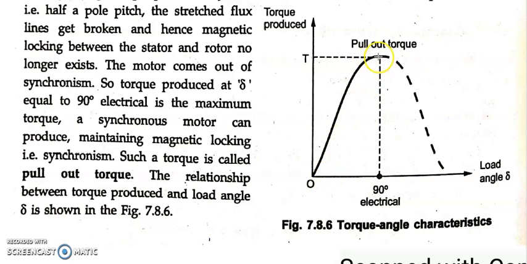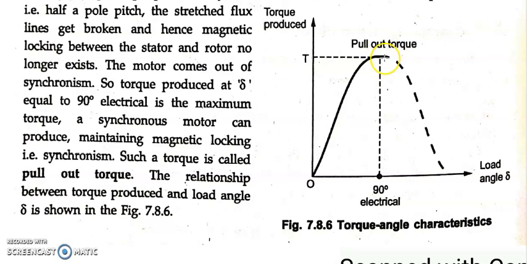From here to here there is no problem, that is till 90 degrees electrical there is no problem. After this, if you increase the value of delta from 90 degrees and above, then what happens? Your motor will no more run, it will come out of synchronism and eventually the motor will stop. You can see the torque is no more if I increase the load further.